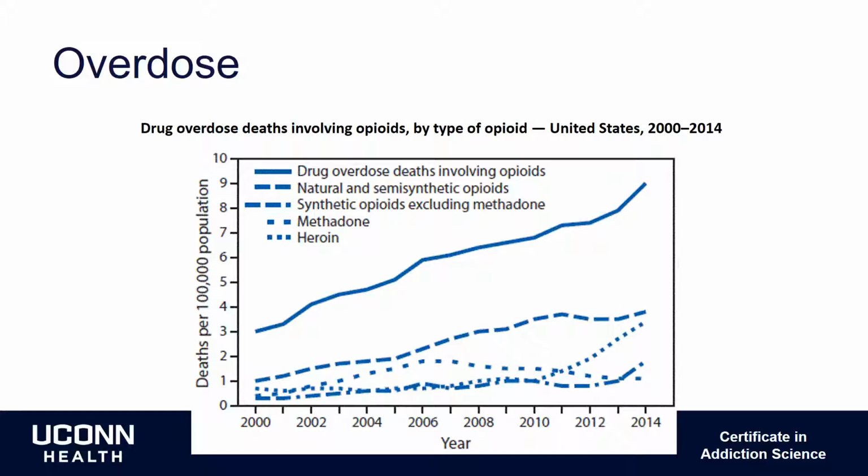I also want you to note the line with big dashes and small dashes, the synthetic opioids. Look at this line. It's basically the bottom line up until 2013, 2014. And here you see a sharp uptick in the number of people overdosing and dying from overdose on these synthetic opioids.